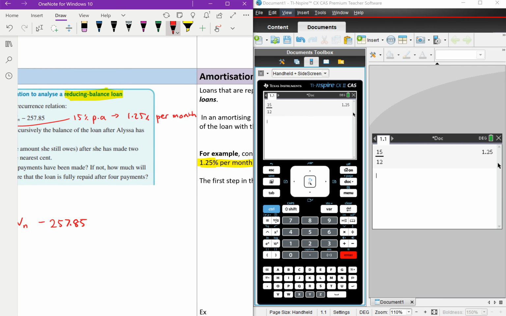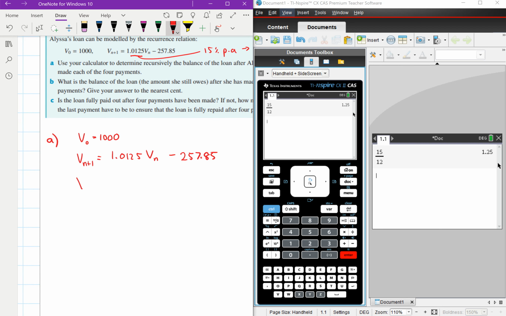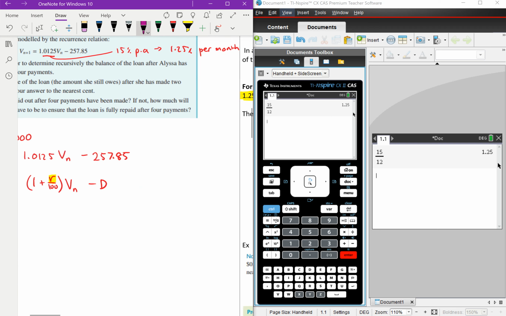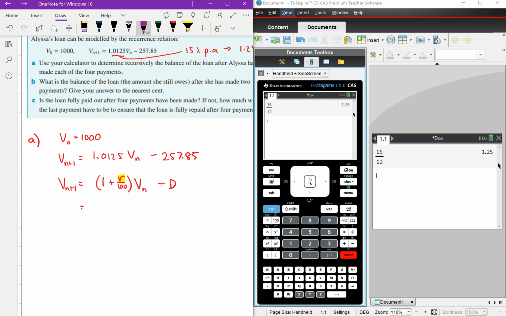And remember the formula, if you've forgotten: Vn plus 1 is equal to 1 plus R over 100 times Vn minus D. In this case, we simply used R, which is 1.25%, and that's how they got 1 plus 1.25 divided by 100, multiplied to Vn minus $257.85, their monthly repayment.